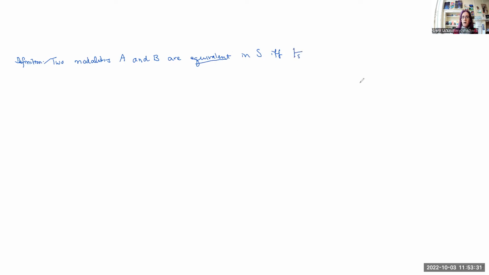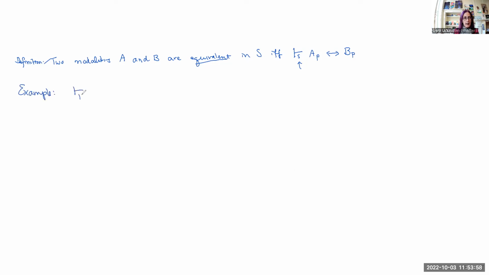So we can prove in system S that the string of modalities A applied to P, if and only if the string of modalities B applied to P. So the fact that we've got this annotation S here is what indicates that equivalence is with respect to a particular system.